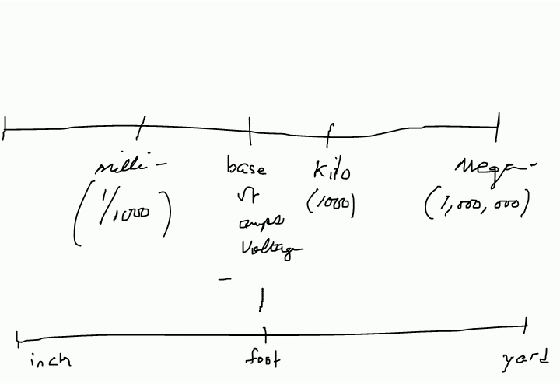Well, I know that 1 foot is equal to 1/3 of a yard, and it's equal to 12 inches. Now, I just know that because I know the standard system. But how many millivolts are in a volt, how many volts in a kilovolt, and how many megavolts are in a volt? Now, that can be a little bit more confusing.